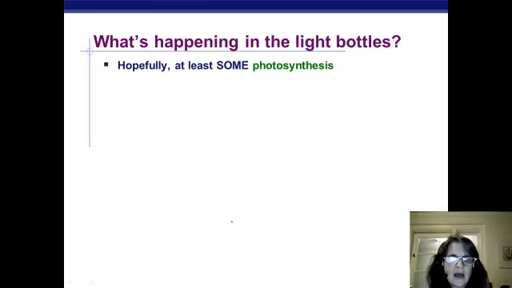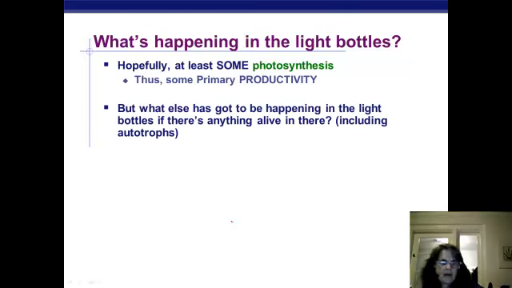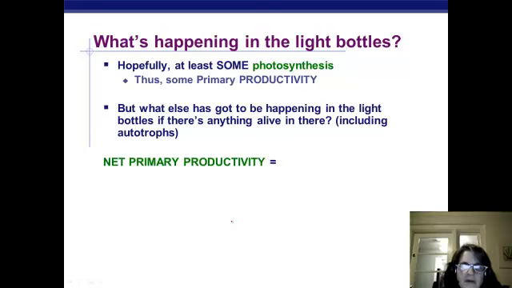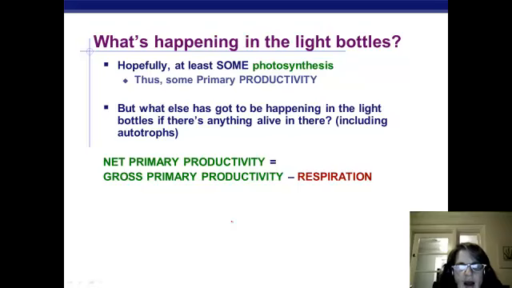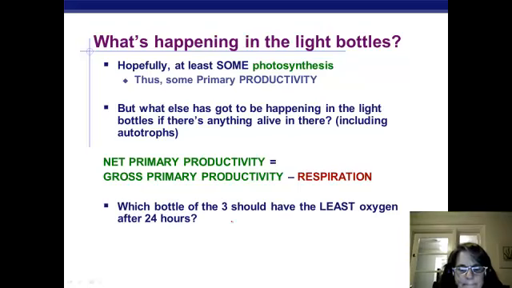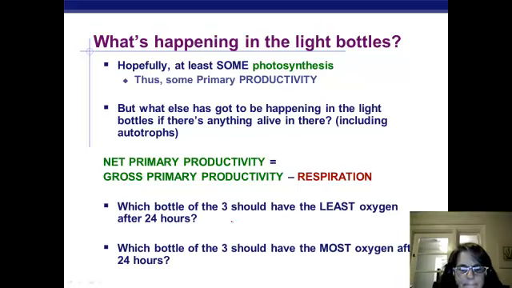Okay? Now, we hope in the light bottles at least there's some photosynthesis happening, some productivity. Okay, but of course there's also cell respiration occurring in there as well.